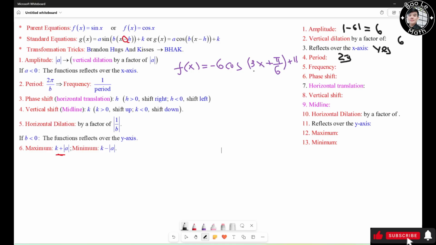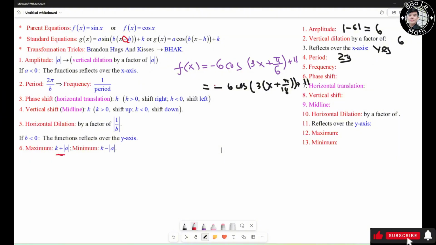Now, you need to factor 3 out. So this is the same thing as negative 6 cosine of 3 times x plus pi over 6 divided by 3, which is pi over 18, plus 11. So keep that in mind.